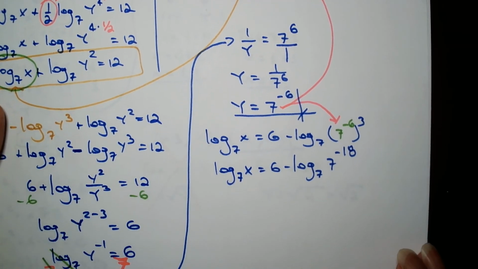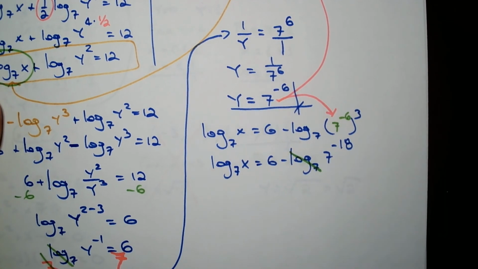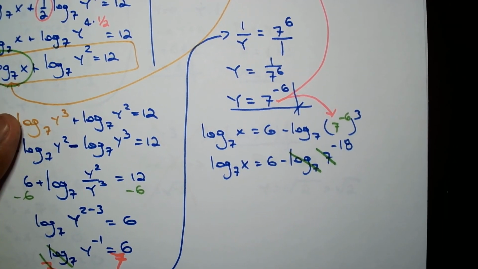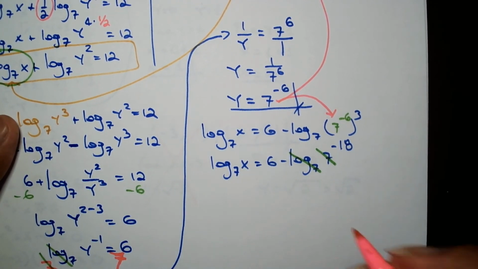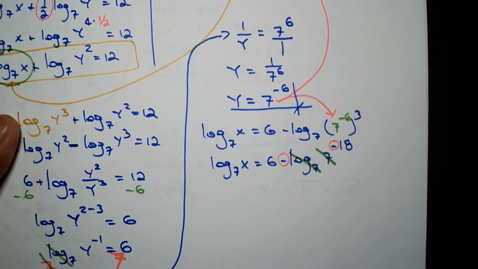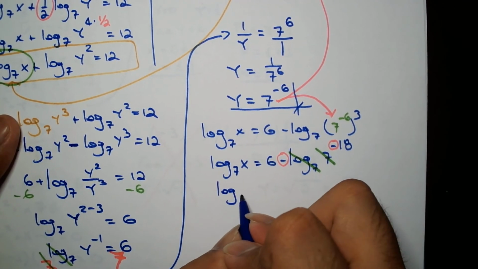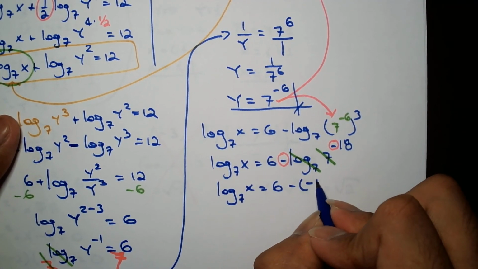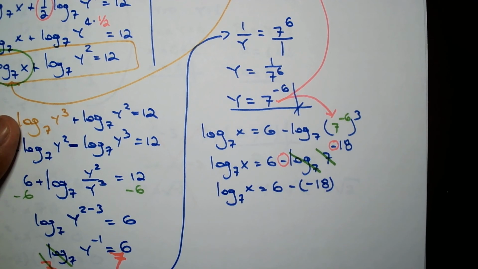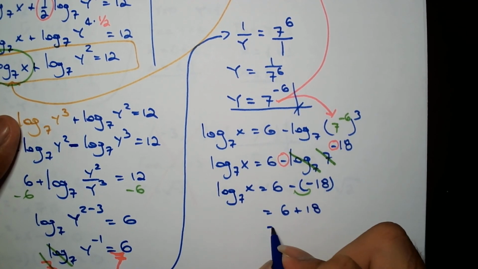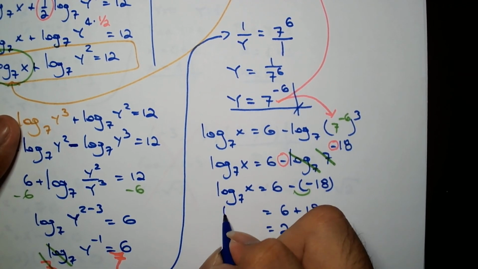Log base 7 cancels exponential function of the same base as the logarithmic function, but be careful because we are going to end up with negative times a negative. So that's 6 minus negative 18. That becomes a plus. 6 plus 18, which equals to 24.